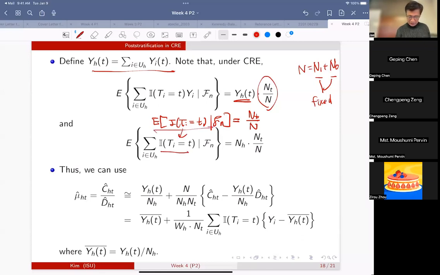Apply expectation, then the population size is capital N_h. And the ratio, you need to expand around their expectation.